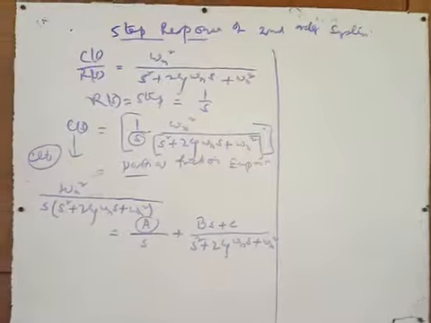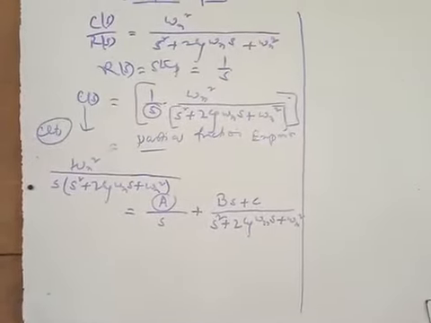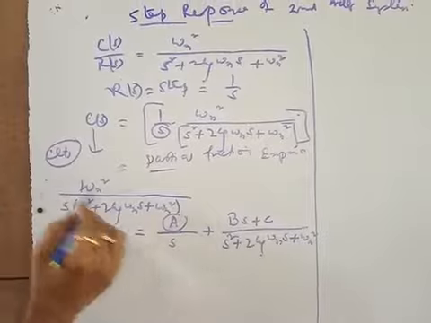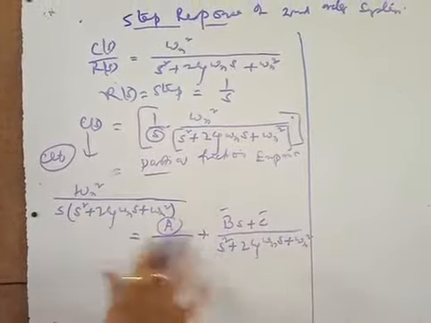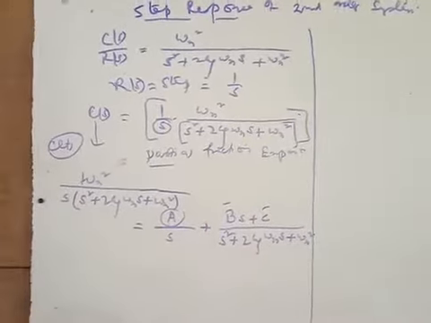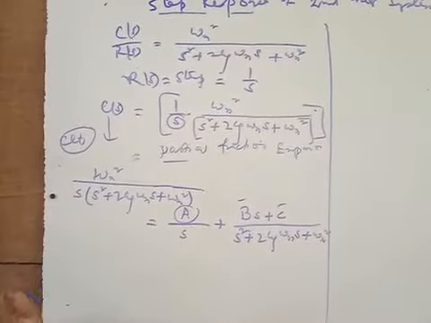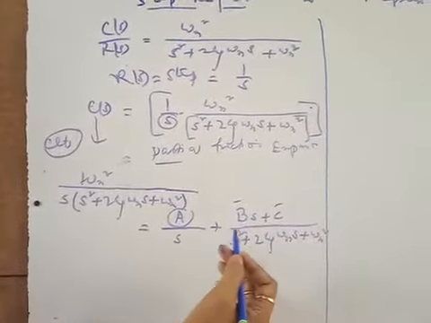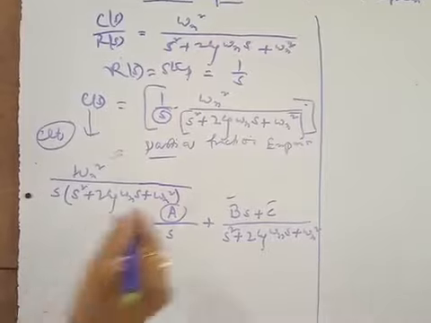Just to get the value of A, B and C, you have to multiply this term and nothing else, and equate the coefficient of s square, coefficient of s and coefficient of s to the power 0. How can you get it?